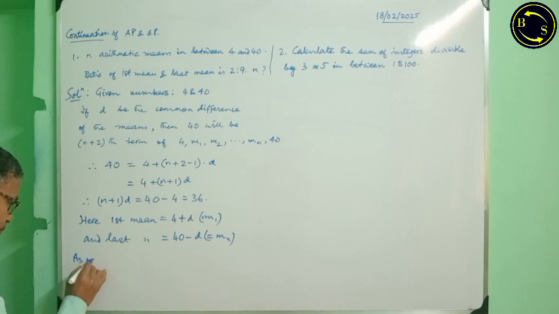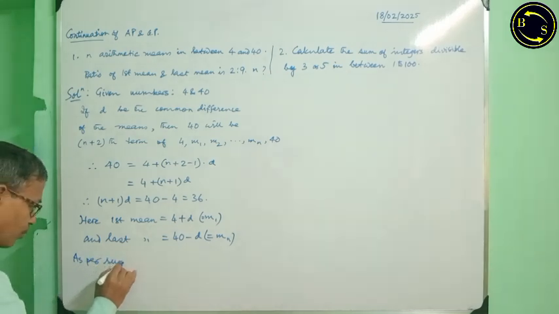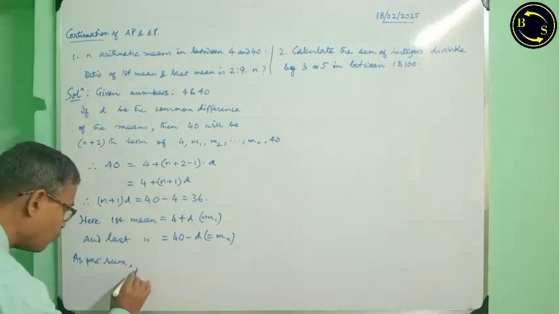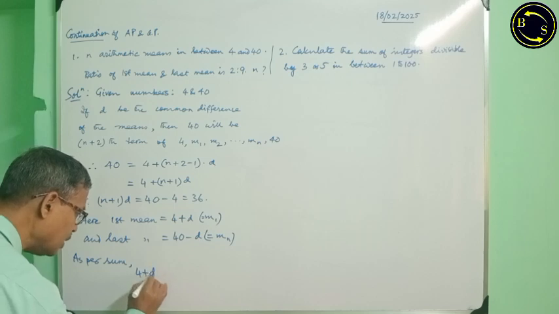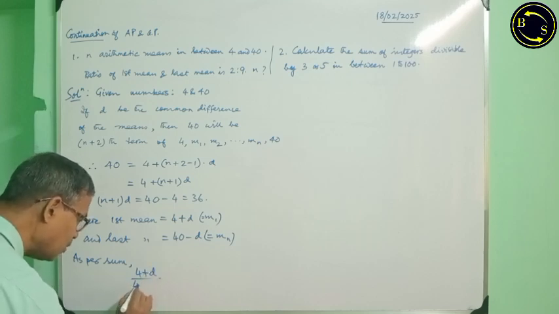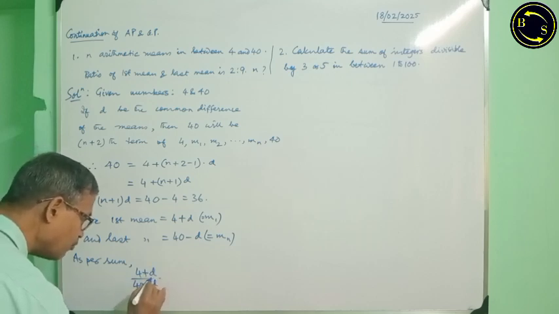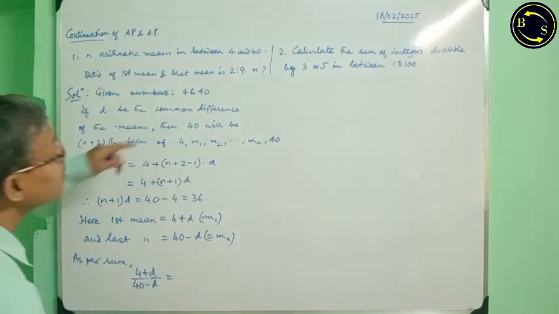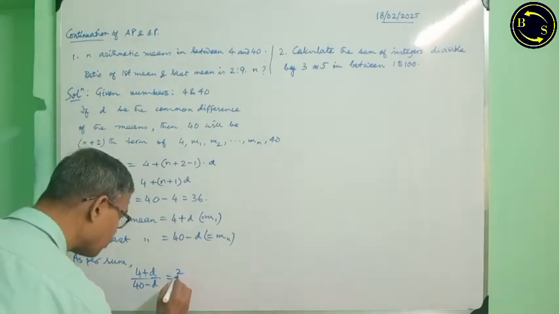As per sum, 4 plus d by 40 minus d, that is given 2 by 9.